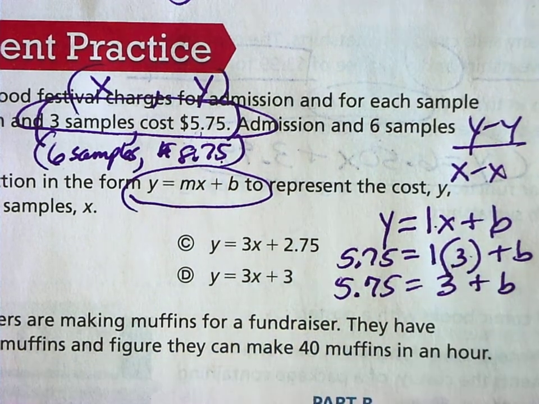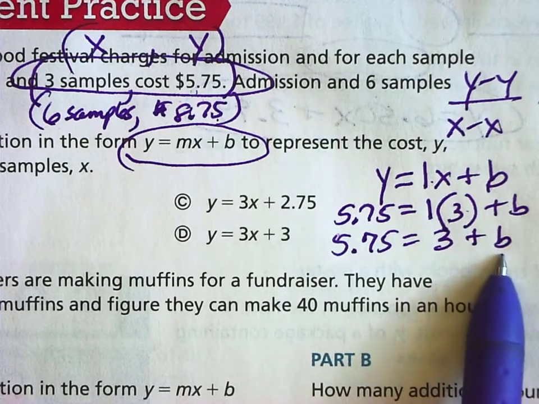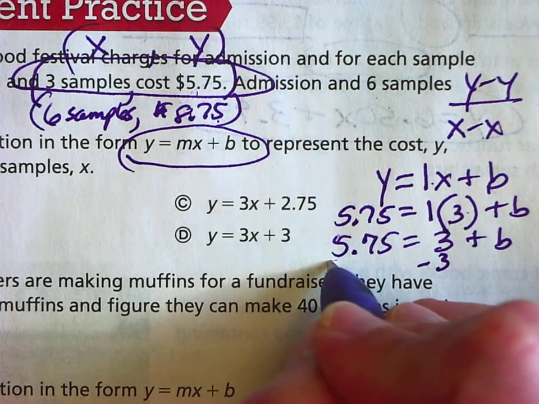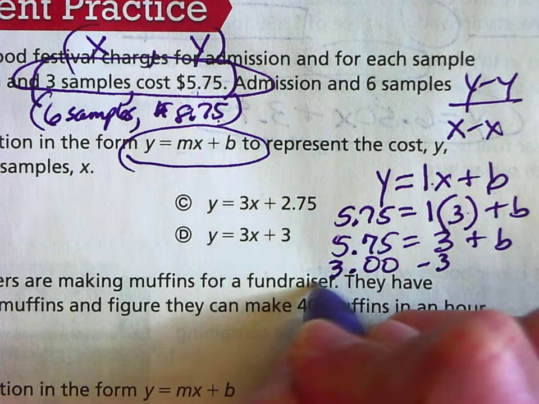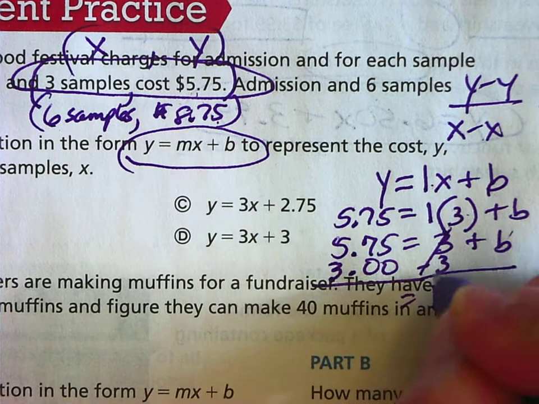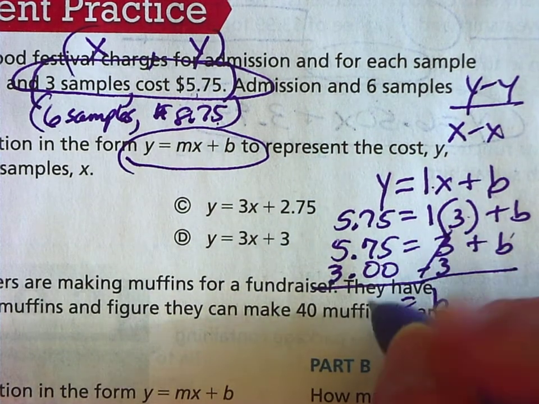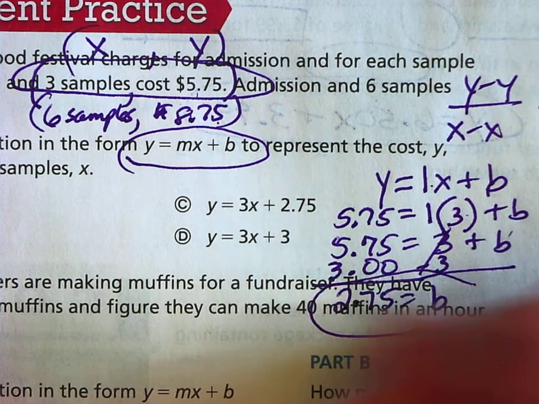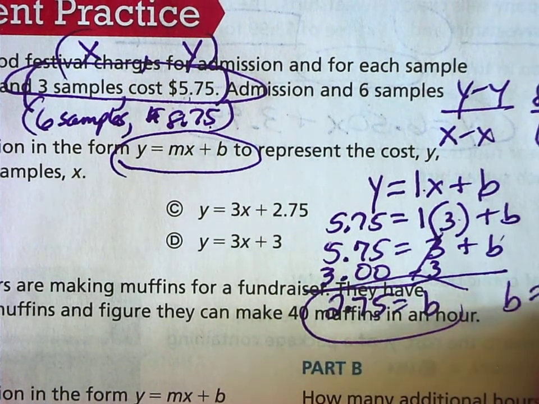5.75 equals 3 plus b. And now the final step, to get the b by itself, I'm going to move the 3 over. I'm going to subtract 3. Now 3 is a whole number, folks, so 3 is the same as $3, right? So I have to make sure I line those up. Because those cancel out, $5.75 take away $3 is $2.75. The b was $2.75.